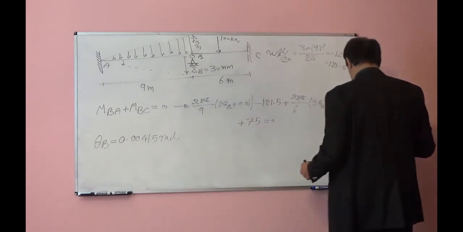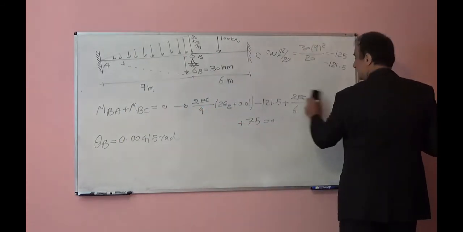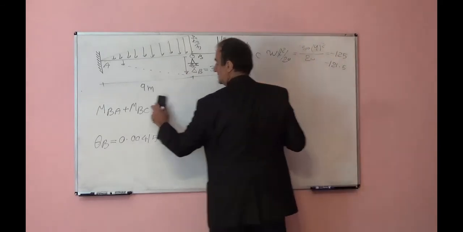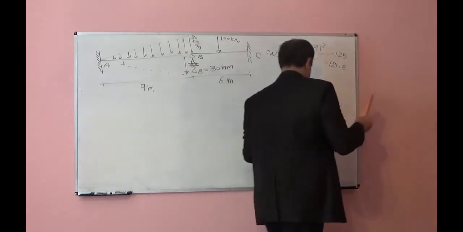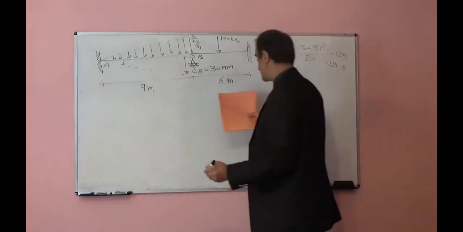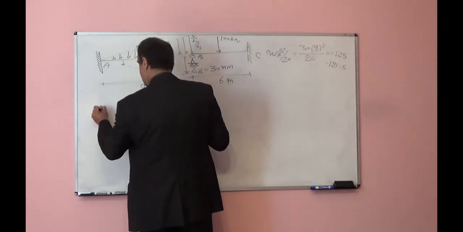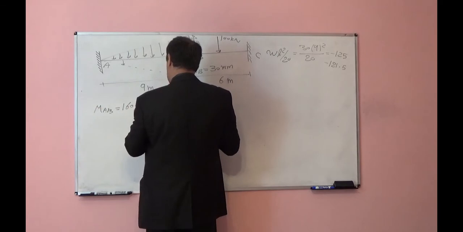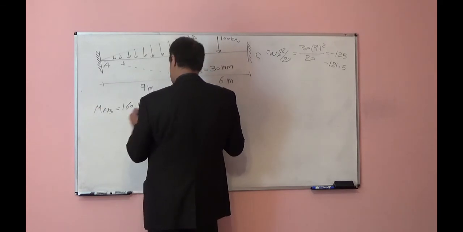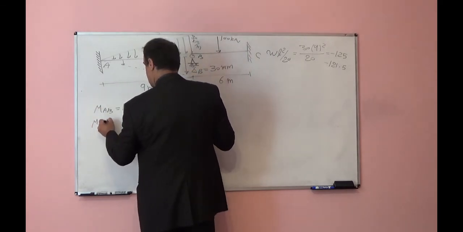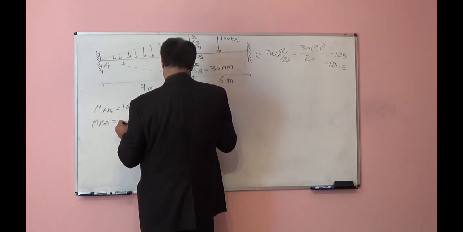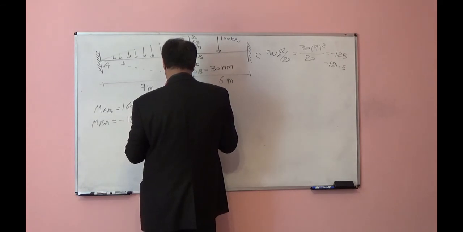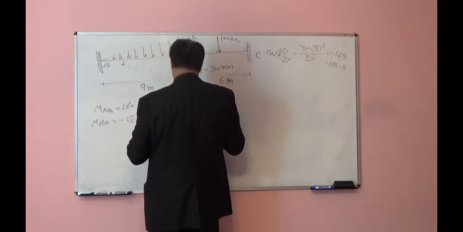I will write only the final answers for those. MAB will be 160.9 kilonewton meter. MBA will be minus 18.2 kilonewton meter.